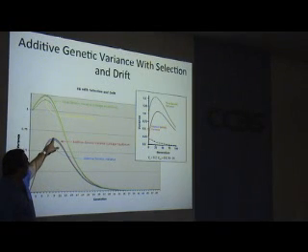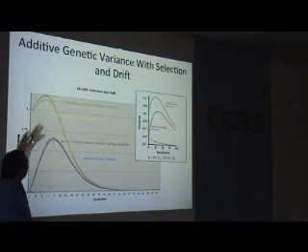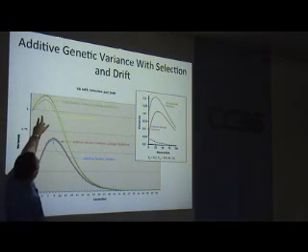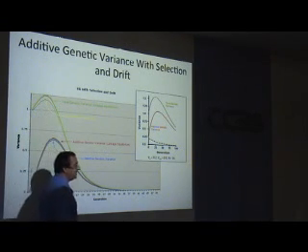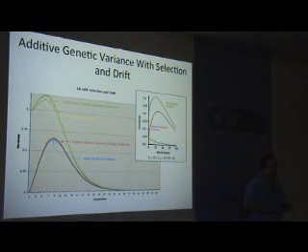With free recombination, if you relax selection, the additive genetic variance will increase that much. Same with the total variance among populations, which will increase as it goes to linkage equilibrium. So that's a lot of work to show you don't really need to worry about linkage disequilibrium. I have not tried this with tight linkage yet.